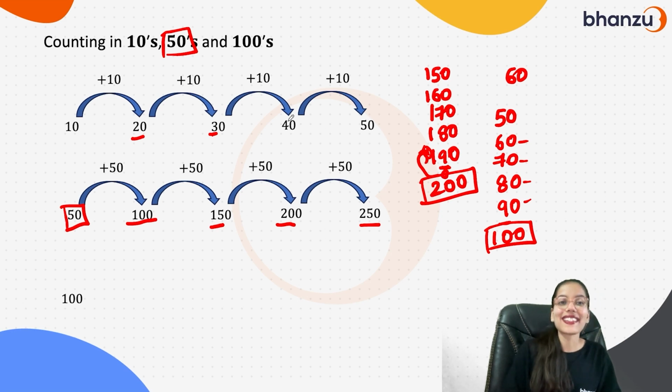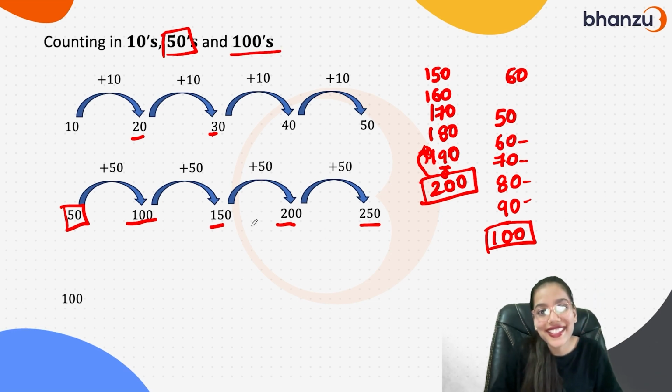That's amazing. So now let us count in hundreds. Just because we're counting in hundreds, don't panic. I'm going to tell you how easily we can do that. So we have 100 plus 100. When you're adding plus 100, which place value should it change? When you're adding 1, the 1's place value changed. When you are adding 10, the 10's place value changed.